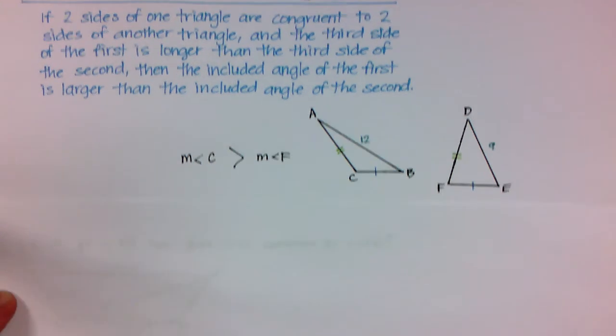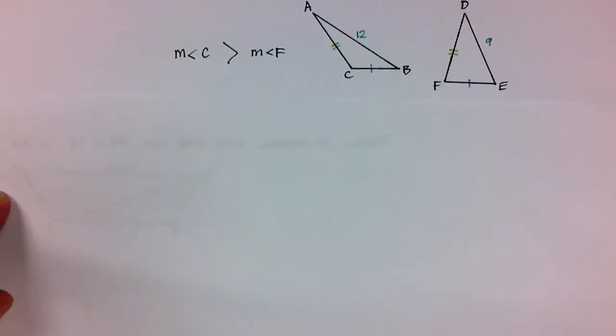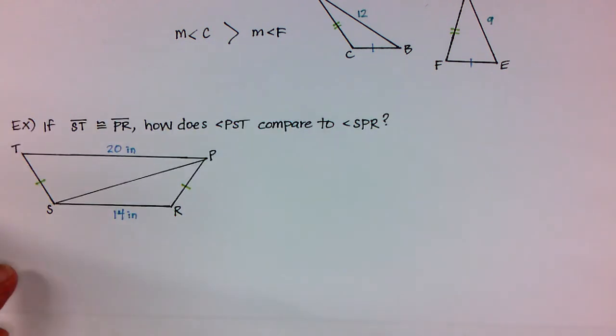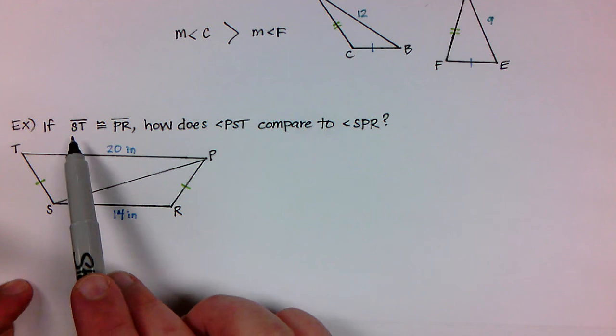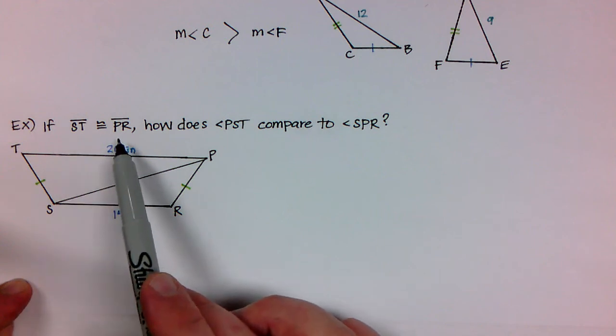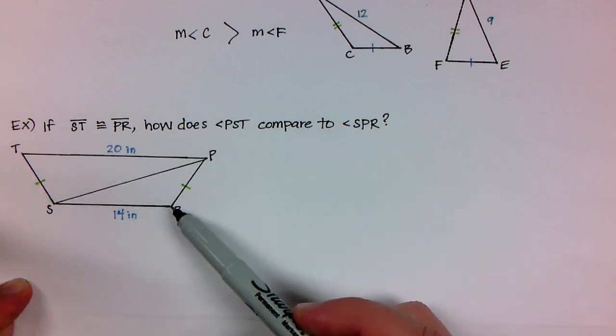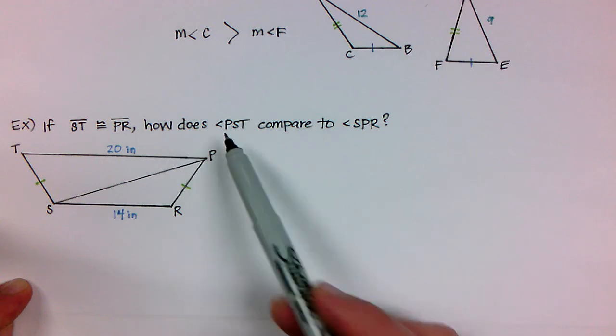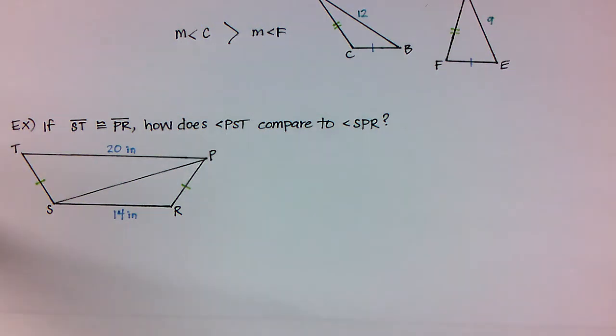So let me give you an example then, and let's see if we can work it out. So what it says is if ST is congruent to PR, how does angle PST compare to angle SPR?